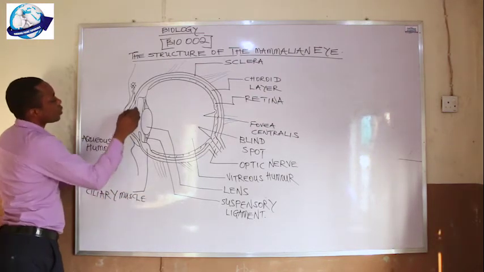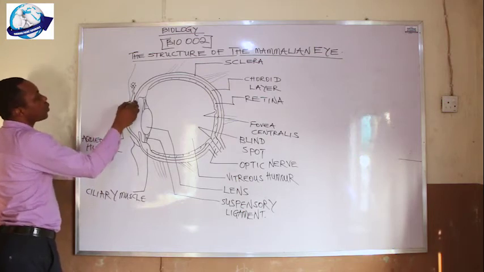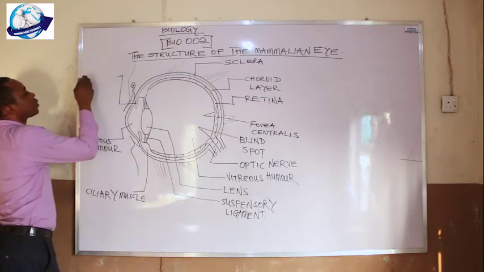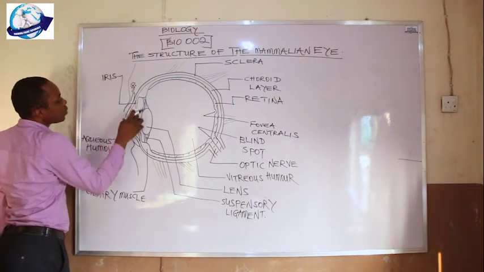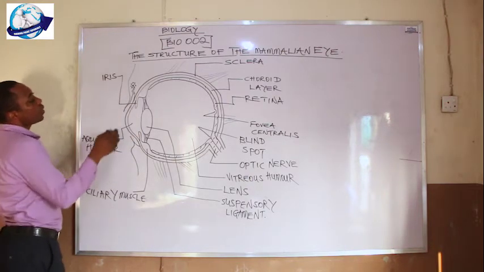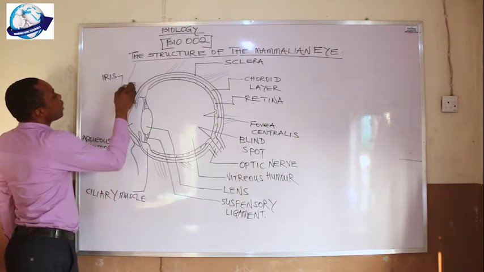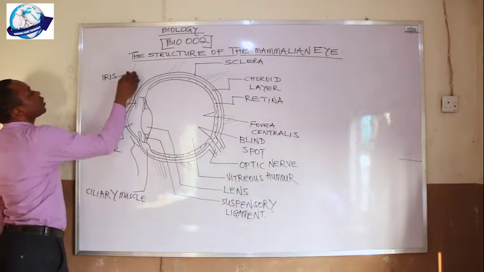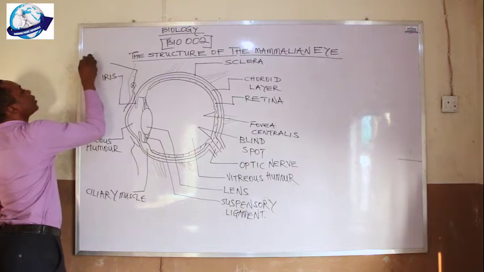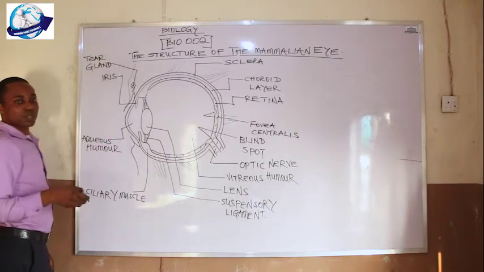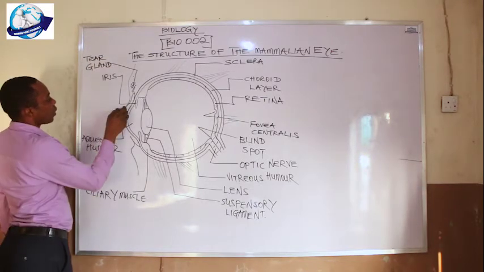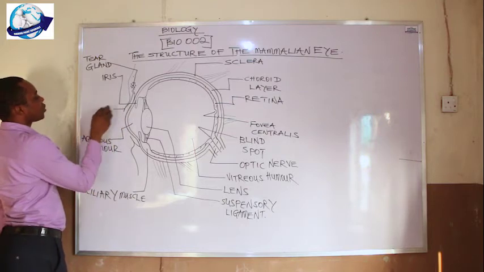Then the next part is the iris, part of the choroid layer. Also within the iris is the pupil of the eye. Then the eyelid, the tear gland is here. Then the eyelash is here.